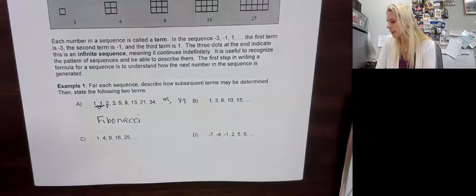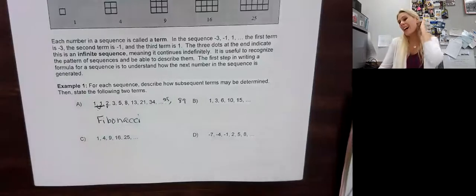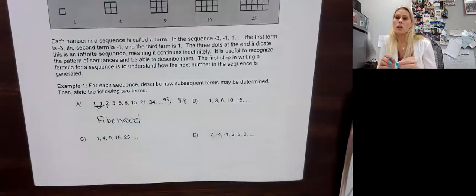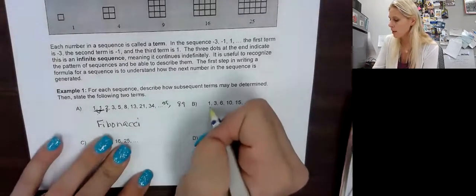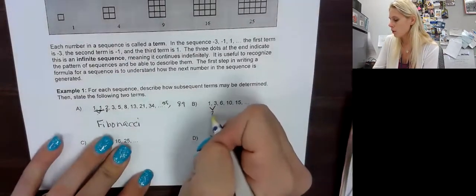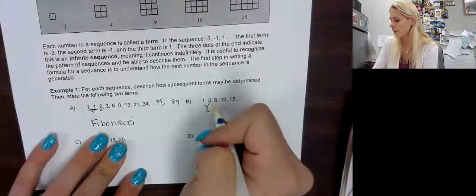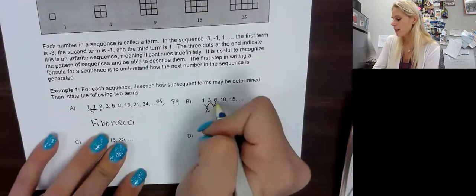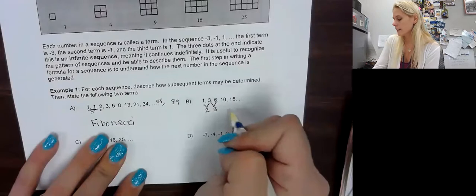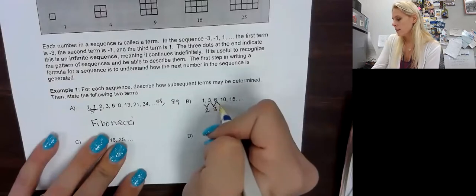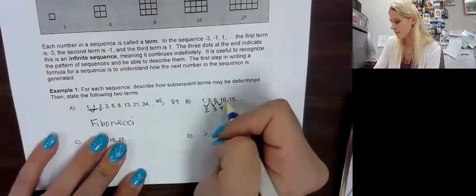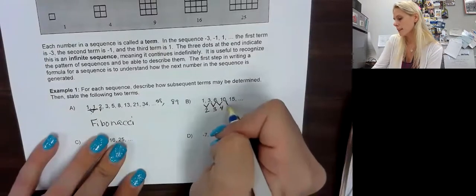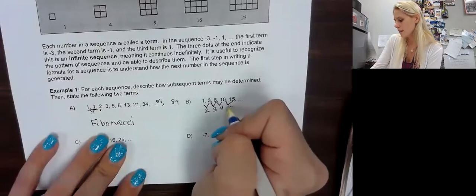B, what do I see here? Well, usually I like to start out with addition to see if there's any connection. So let's try addition. 1 plus 2 is 3. 3 plus 3 is 6. 6 plus 4 is 10. 10 plus 5 is 15.